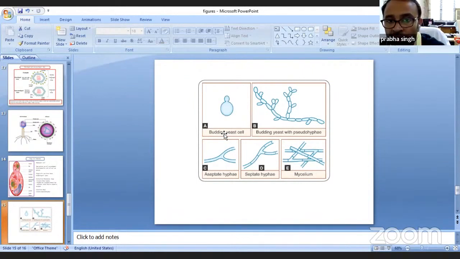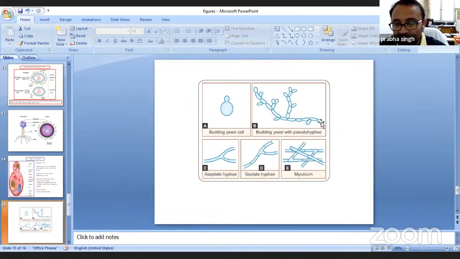Definitely we are seeing small fragments on the parent cell, but they are not true hyphae. So this budding yeast cell is an example of pseudo hyphae. This you can see here, budding yeast with pseudo hyphae, right?